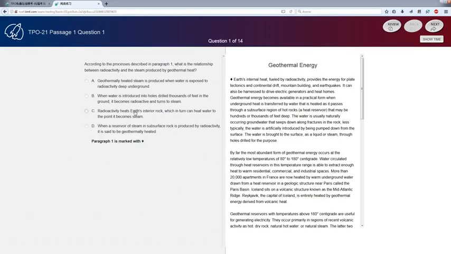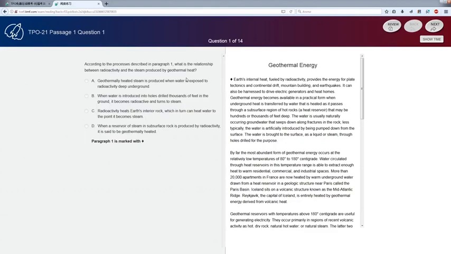The strategy is to identify the keywords in the question. For example, for this question it is the relationship between radioactivity, that's our first keyword, and the second one is the steam produced by geothermal heat. So we identified the question type, and we identified the keywords.